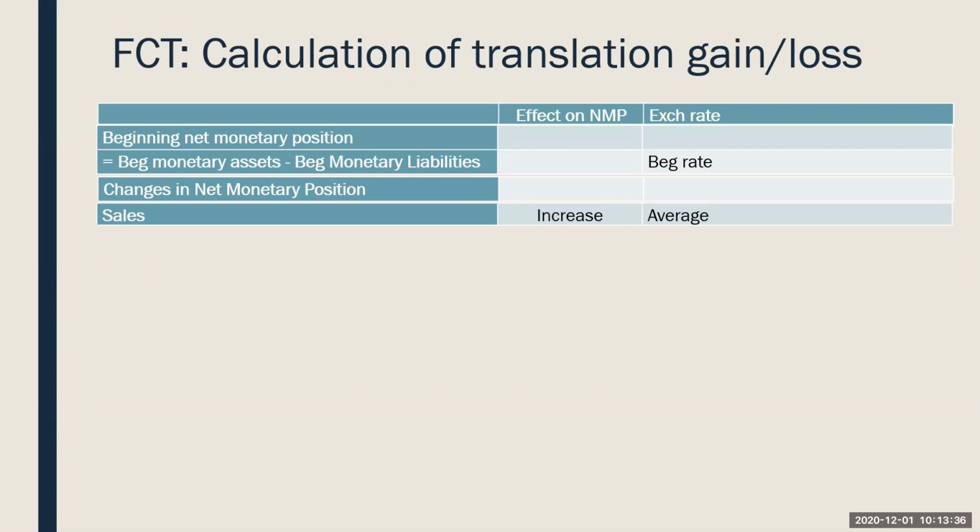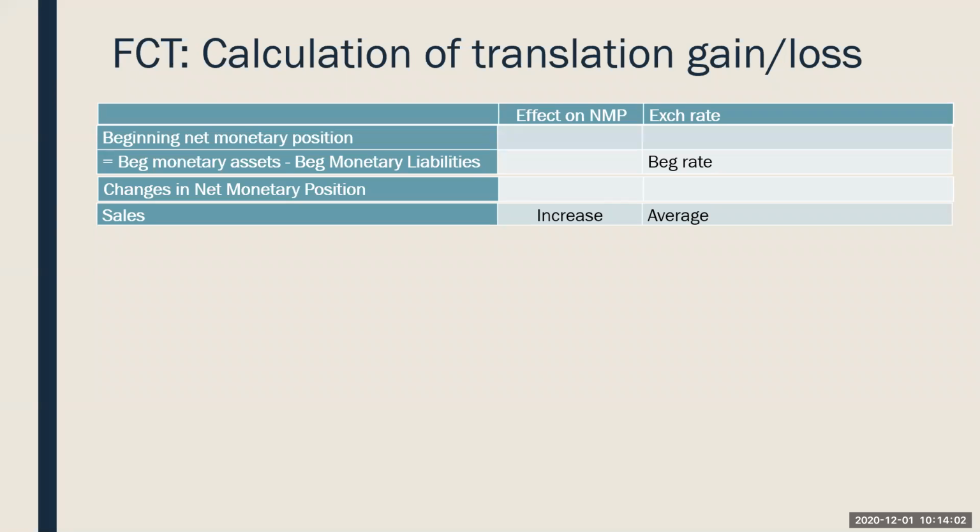Normally, because we are talking about translating the numbers for a foreign subsidiary at a single point in time, and there must have been literally hundreds of sales transactions during the year, it may not be convenient to translate all of them using historical rates.